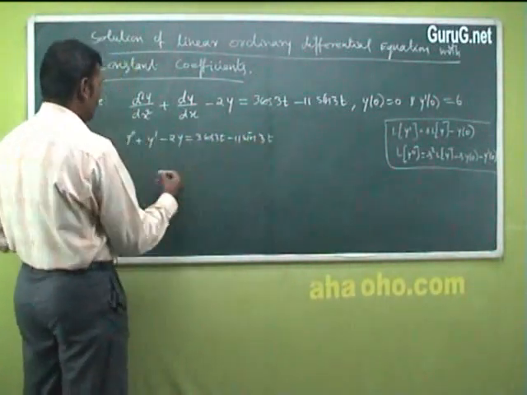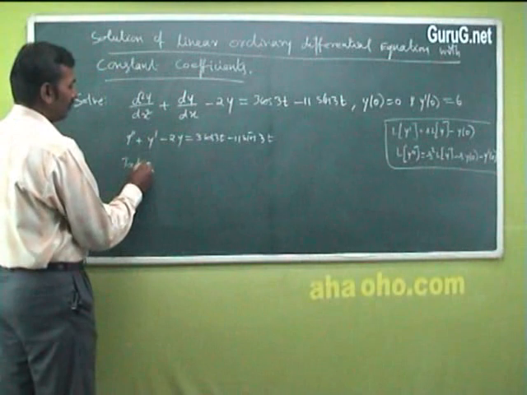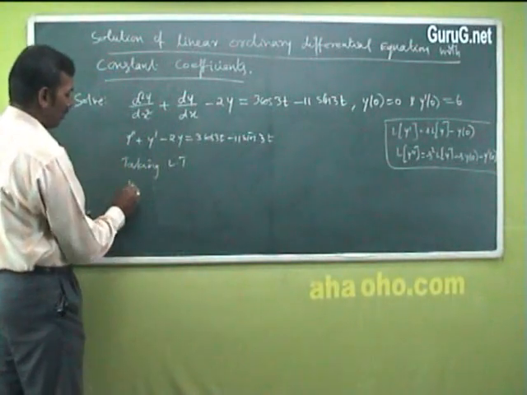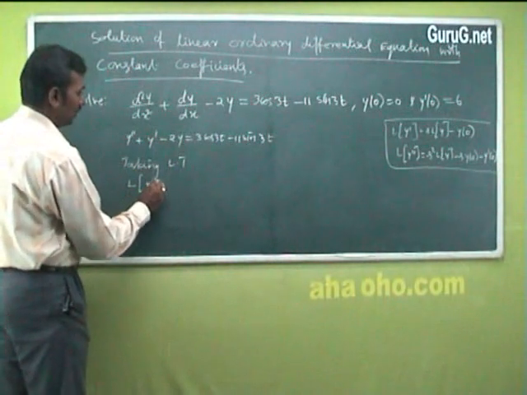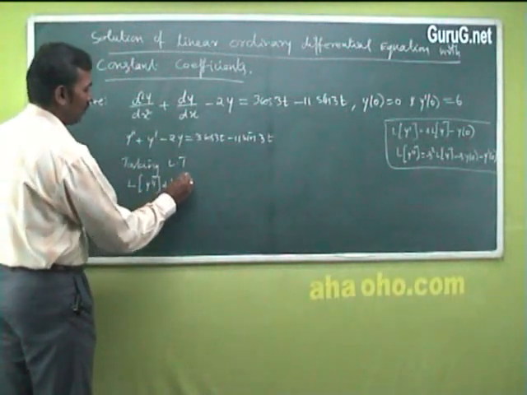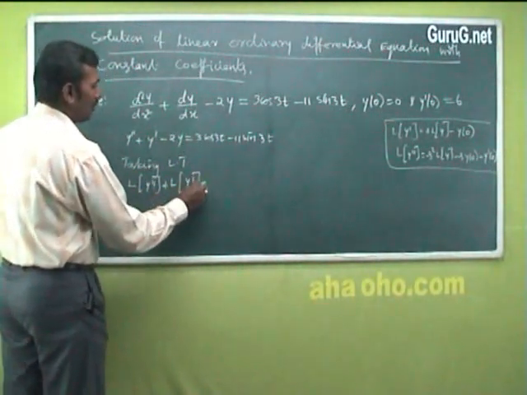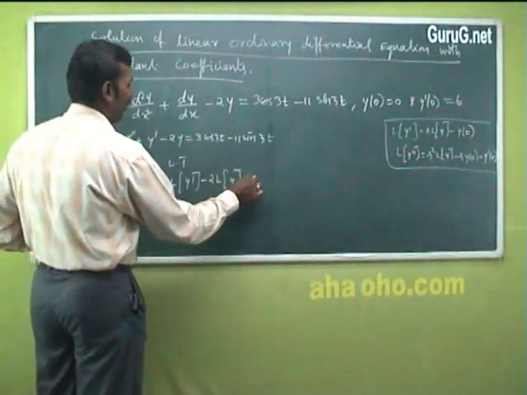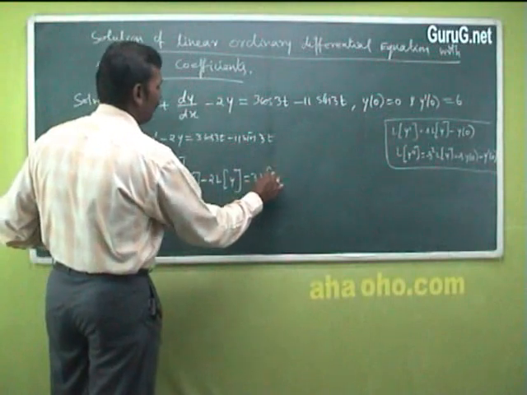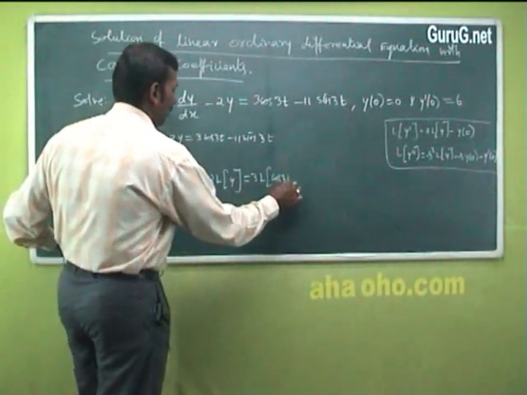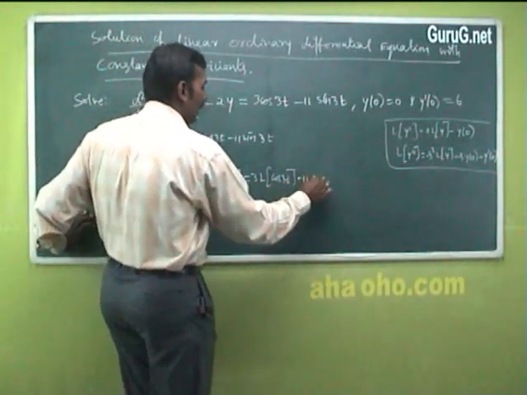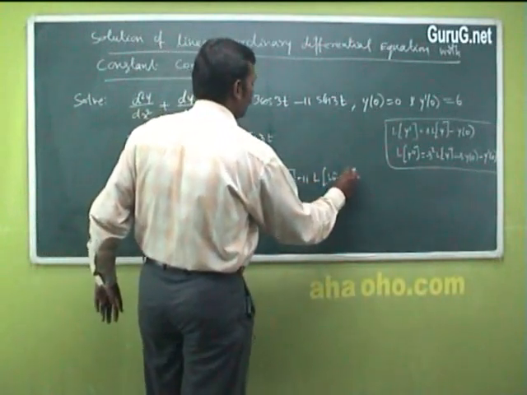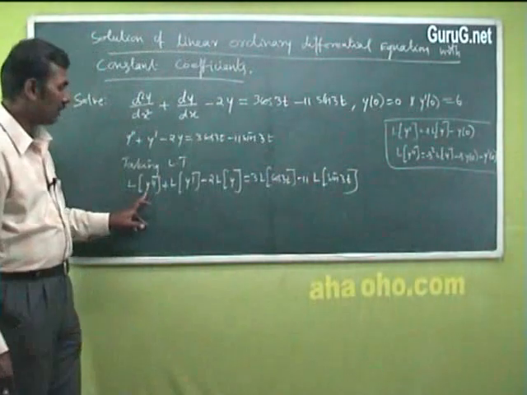So taking Laplace on both sides: L of y double dash plus L of y dash minus 2 into L of y equals 3 into L of cos 3t minus 11 into L of sin 3t. Right?